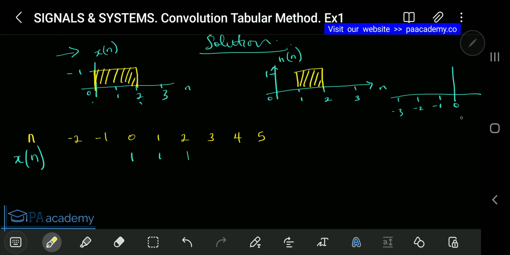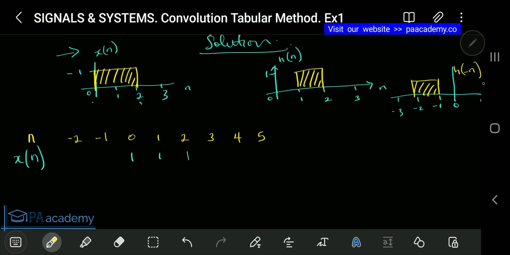I'm going through it real quick because I've explained it earlier. If you flip it along the y-axis, we are going to be having something like this. Exactly. So this will be h of -n. Are we good? And then this is going to be n.